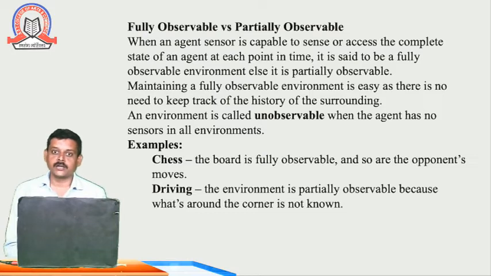We know that this is a road and here we have to go, so it is a partially observable environment. We know only some part of the environment or the surroundings, not each and every part. The environment is partially observable because we don't know what's around the corner. That's why driving is an example of a partially observable environment.